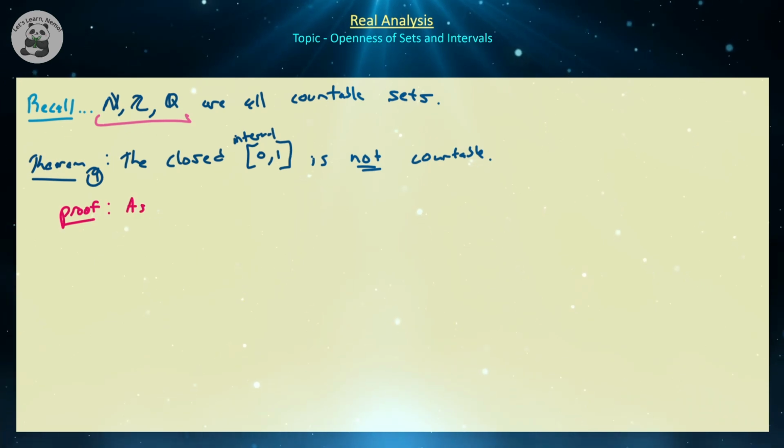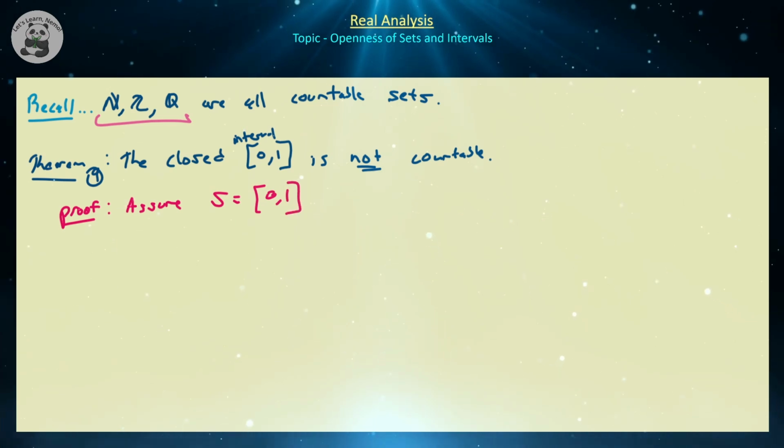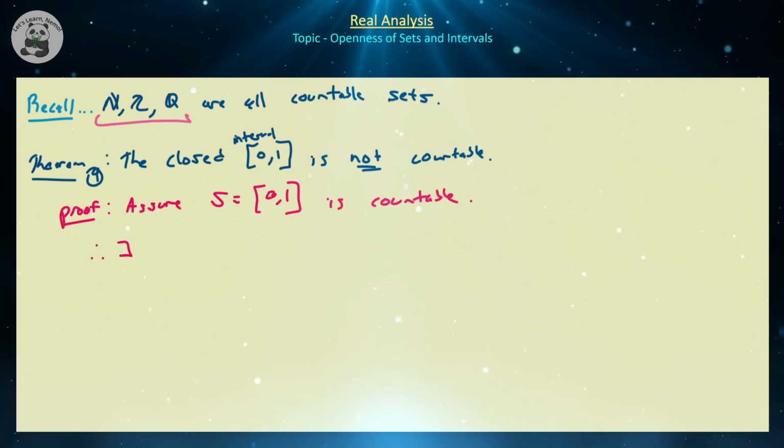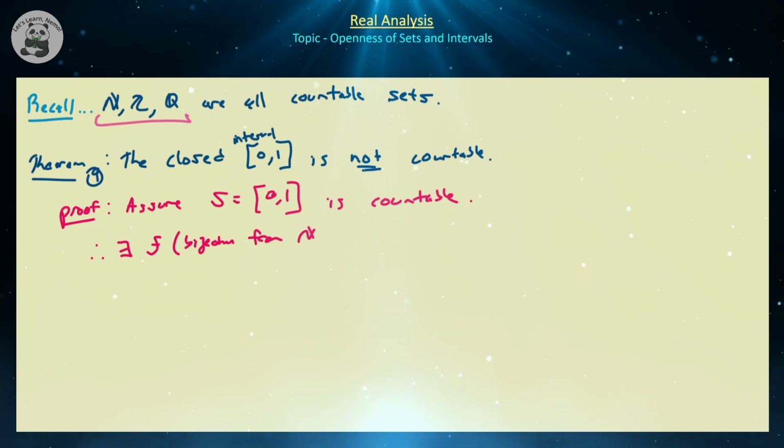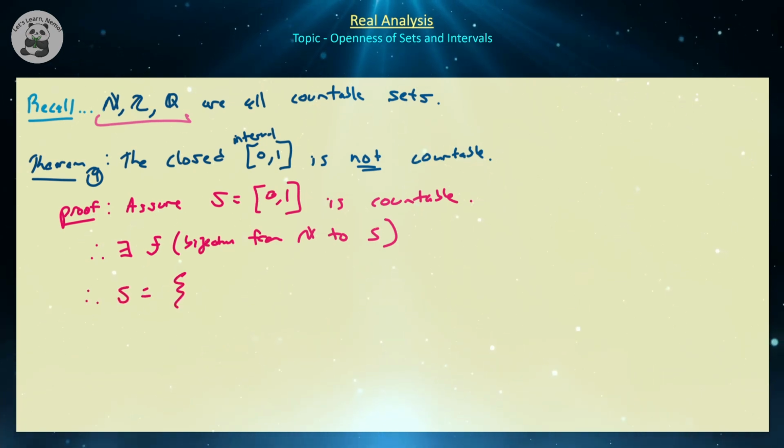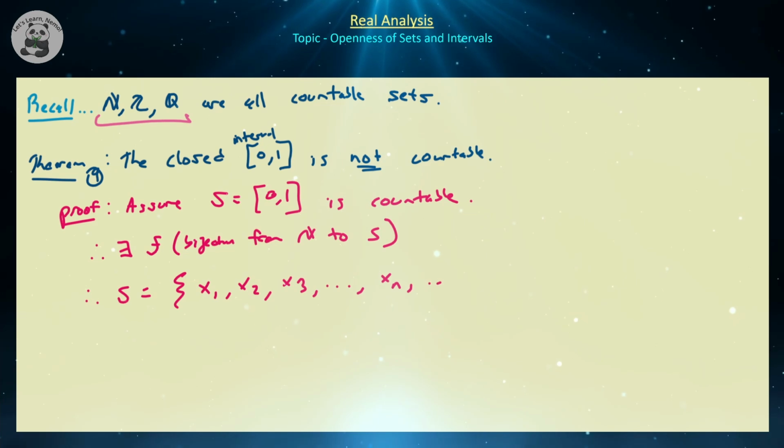So what we're going to do is define S to be equal to [0, 1]. Let's assume that it is countable. Right, so if it is countable, that means there must exist an f that is a bijection from the set of natural numbers to this set S. So let's assume that we have listed the elements of S: x_1, x_2, x_3, all the way down to say x_n, and so on.